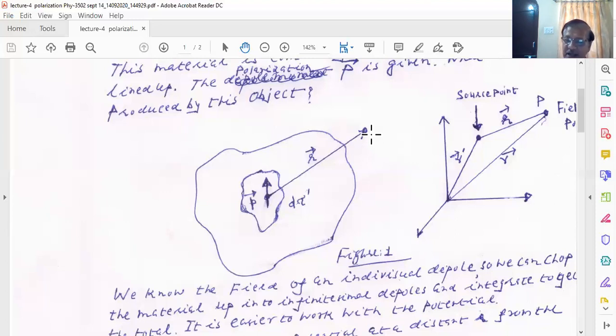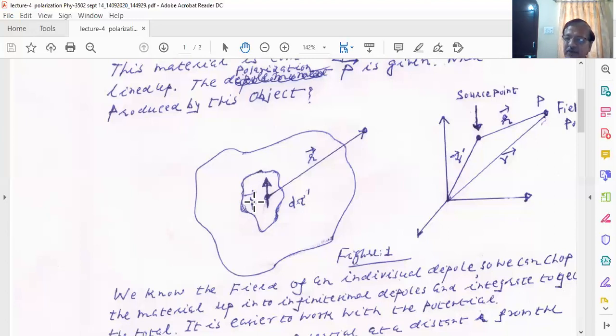You can have scalar additions. So to find out the field, first of all, I will write down an expression of the electric potential seen by point P because of this dipole whose dipole moment is p.